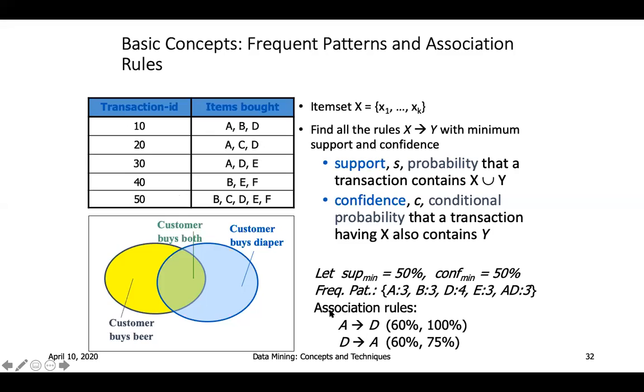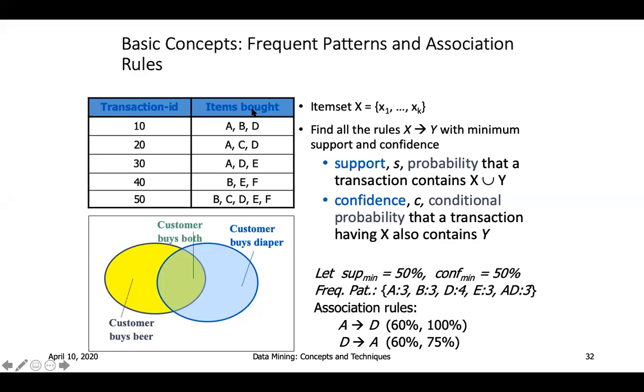Exactly. Now let's see the association rules. A implies D. So that means out of these 5 transactions, 3 times A is purchased. 3 by 5 means what percentage? 60%. Right?